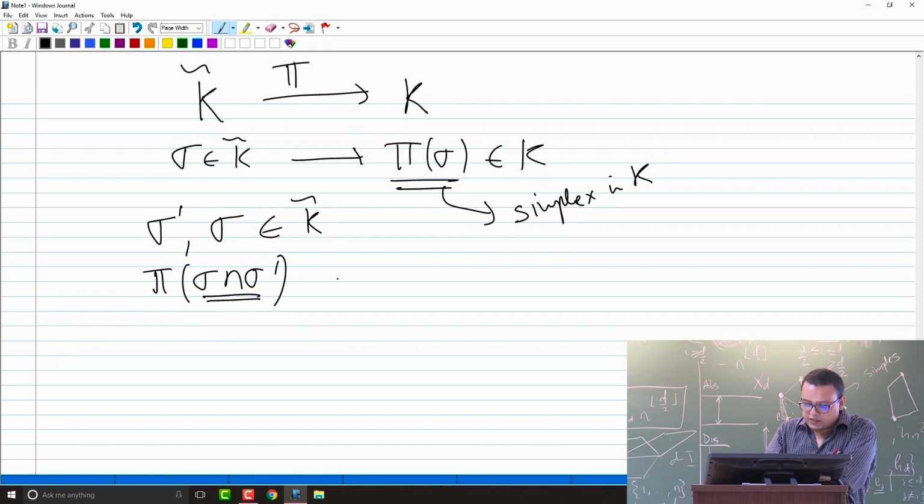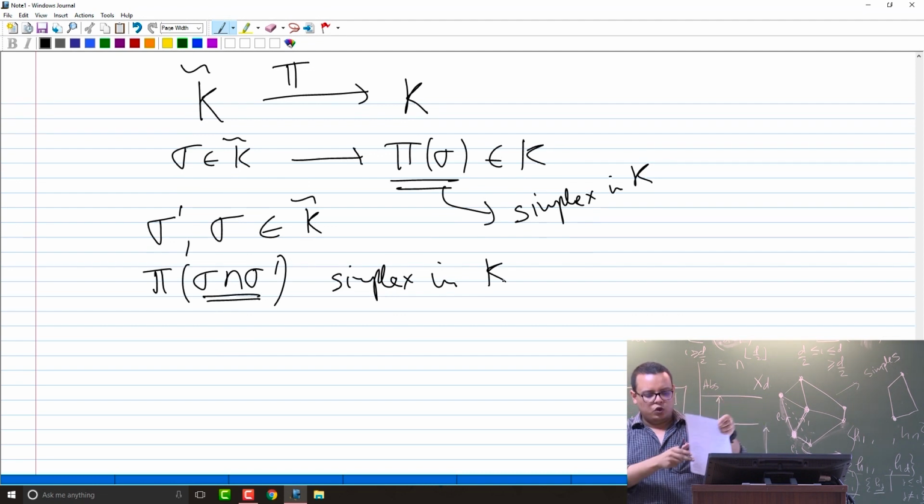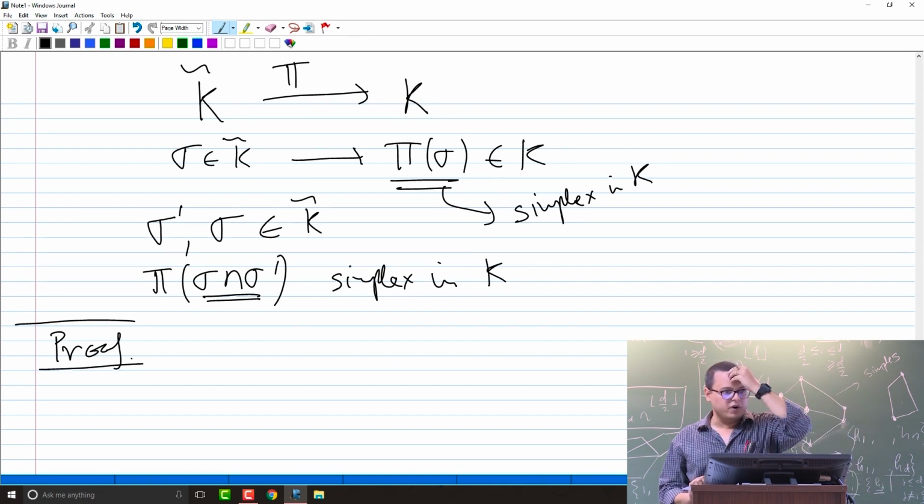This should also be a simplex in K. So what you basically want is each abstract simplex to be mapped to a geometric simplex, and the intersection of any two should be aligned with lower simplices in the geometric case also. That is the main idea. Is it clear what we are trying to do? So now how to prove that result? If you have a question, just ask. Everyone gets it?